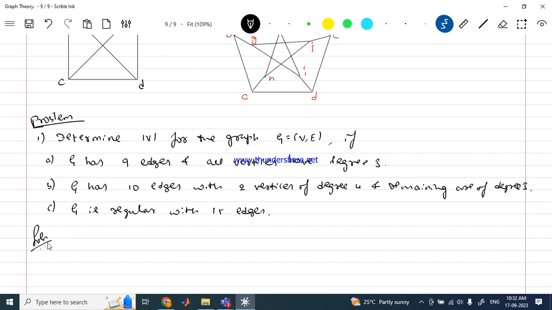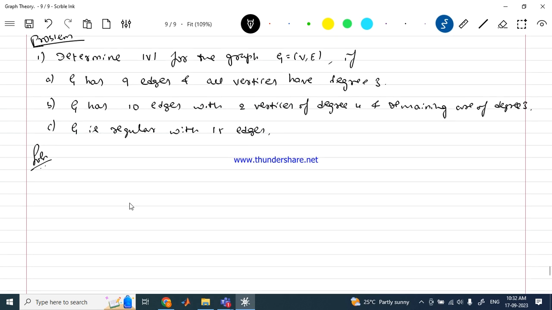Okay, this is the most common question in the previous year question papers as well. As usual, we will directly take the help of the handshaking property in all these cases. Here in each of the problems, I need to find the cardinality of V. So let me check out the first one.